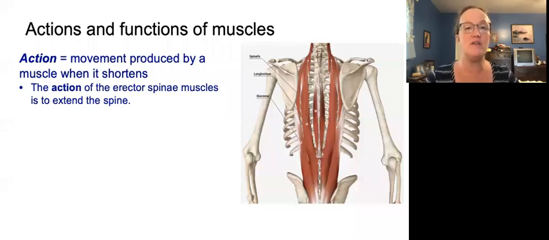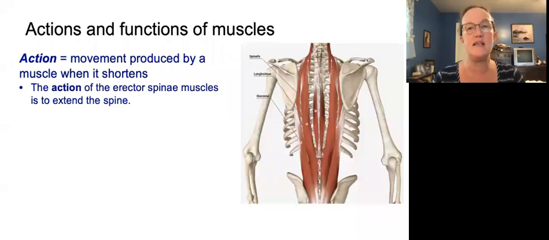The action of the erector spinae muscles is to extend the spine. That's the movement that they create when they contract and when they shorten. So you'll learn, for example, that the quadriceps muscles' action is to extend the knee. The triceps brachii muscles' action is to extend the elbow. That's the movement that they create when they shorten as they create tension.